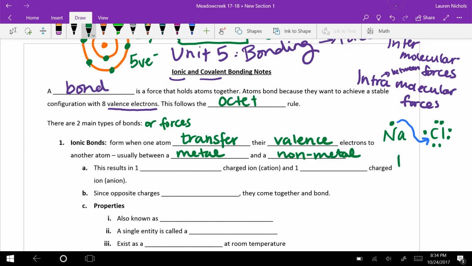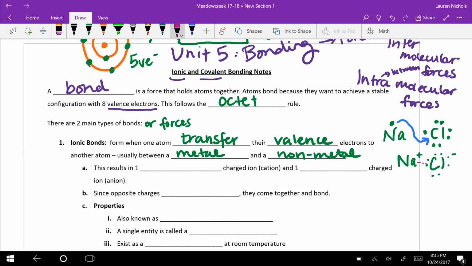And so this would make sodium with a positive charge, because now instead of having 11 protons and 11 electrons, it's only going to have 10, so it's got one more positive charge. And then chlorine is going to be negatively charged. And this attraction between the positive sodium and the negative chlorine is going to create a force that will bond them together.